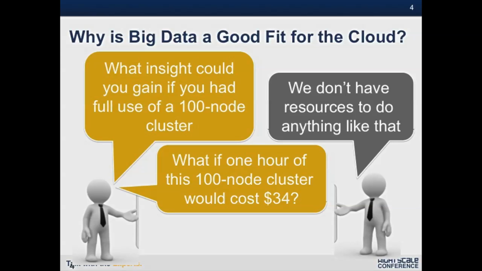That's really what makes the cloud such a good fit for this, due to the batch processing nature of Hadoop. Normally you'd say, I need to run this job, but I only have access to 4 or 5 servers, and it's going to take hundreds of hours to complete.